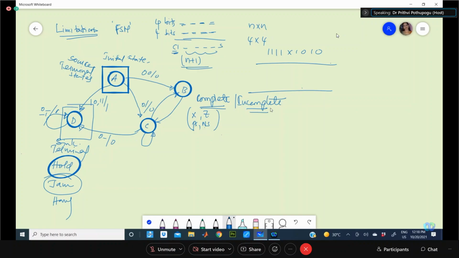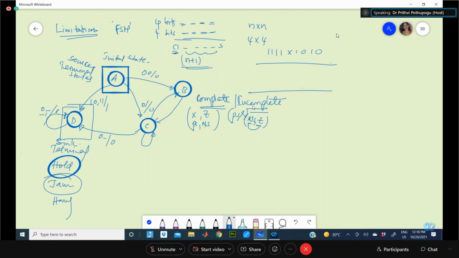An incomplete system is one where, for some combination of values, the next state is not mentioned or the output is not mentioned, or both. Then it is called an incomplete machine, or incomplete sequential machine.